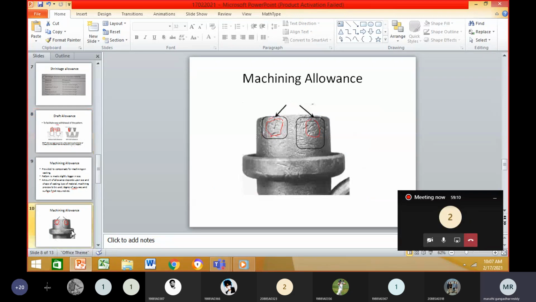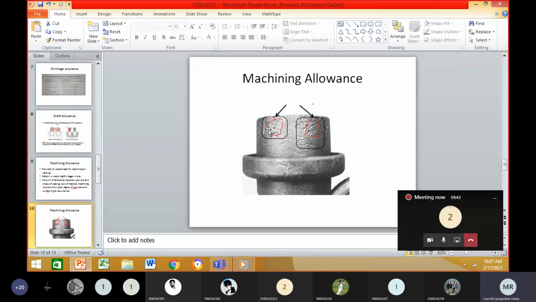And then machining allowance. Take the casting, the product that you have manufactured. If it is not good looking, the nature of human beings is that whatever product is good looking, we will be attracted to it. But here, if it is not good looking or a good surface finish is not there, we need to perform a grinding operation to remove these irregularities.